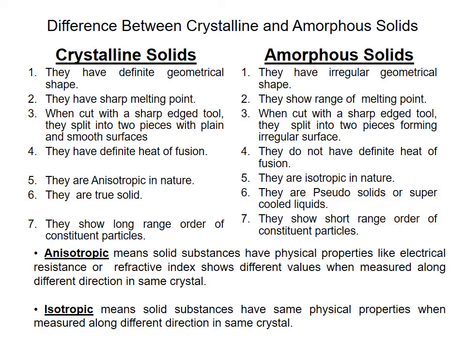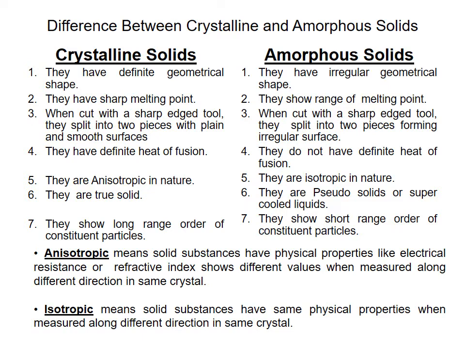Whereas if we take amorphous solids like glass, then they have a range of melting point. That means all their molecules are not going to melt at the same temperature. As I already told, take the example of glass. Glass has a melting range of 1400 degrees Celsius to 1600 degrees Celsius.